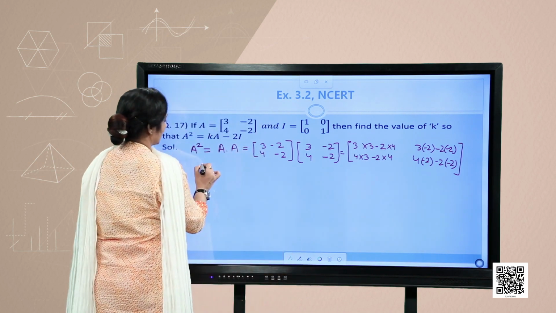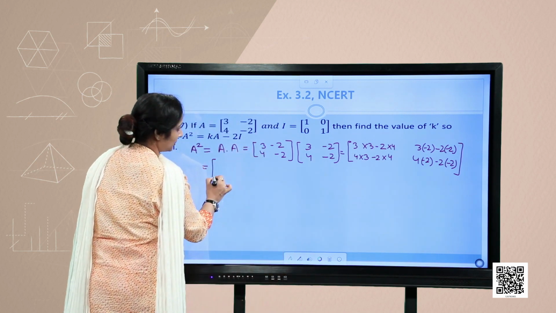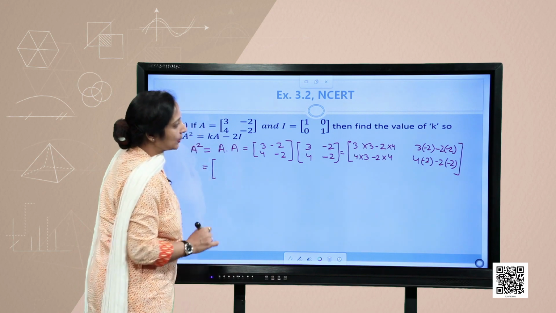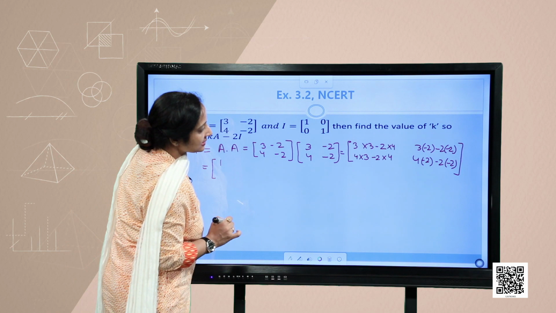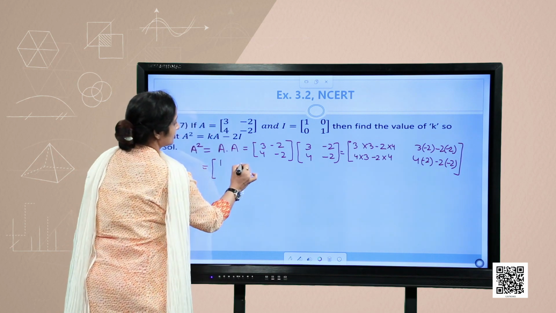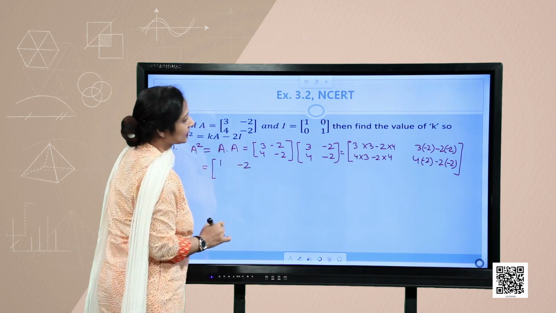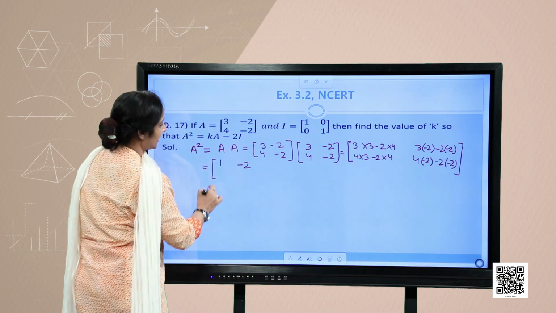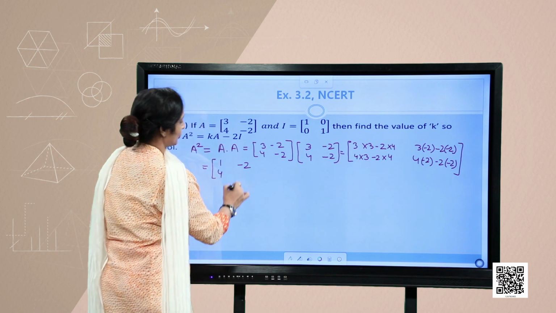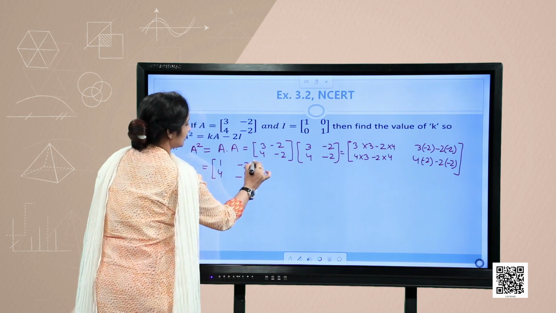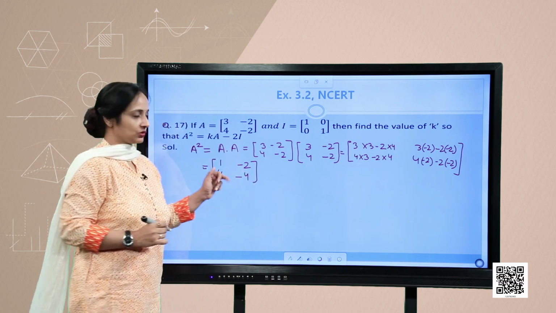So after calculation this will give us the matrix 9 minus 8, minus 6 plus 4, 12 minus 8, minus 8 plus 4. So that becomes matrix A square.